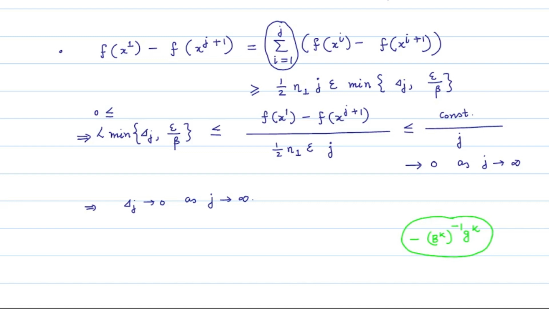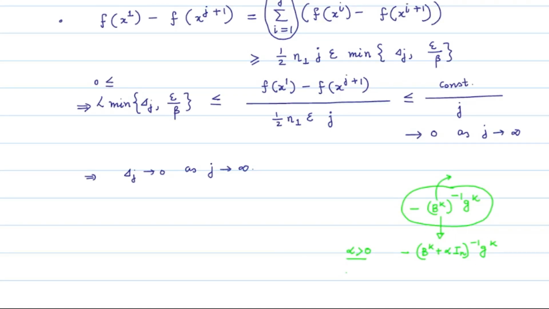In fact, in the discussion of dogleg and double dogleg, we have assumed that this Bk is positive definite. When Bk is not invertible, then we can employ a sufficiently large alpha greater than 0 for which Bk plus alpha I is invertible.